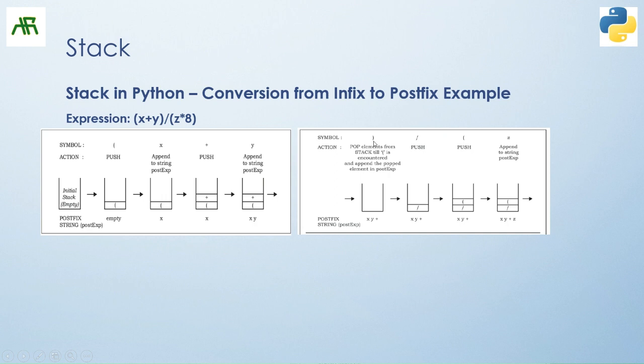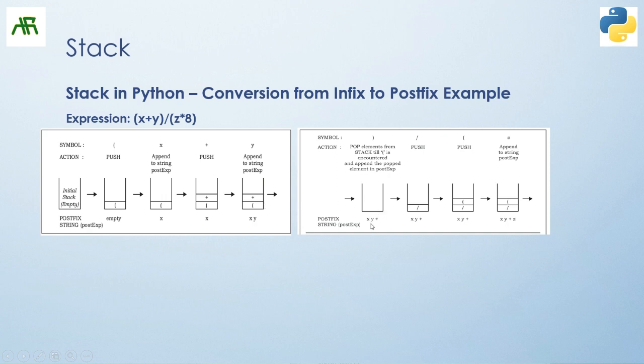Now we come across the close parenthesis, meaning a logical operation or part of the expression is complete. So what the algorithm is supposed to do is pop elements from the stack, whatever is there in the stack, and append to the expression excluding the parenthesis.